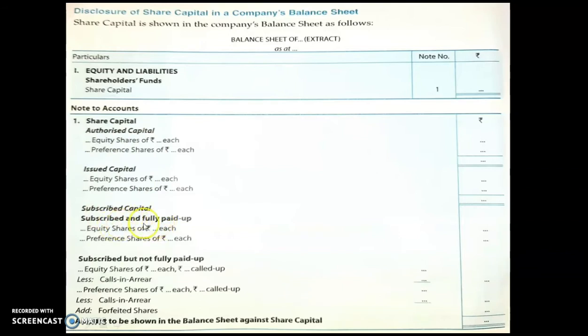Under subscribed we have subscribed and fully paid up, and subscribed but not fully paid up. And you have to subtract calls in arrears and add forfeited shares. This is the way you have to represent it, and the total you get after adding and subtracting is the share capital amount, which you have to show in the balance sheet under share capital.